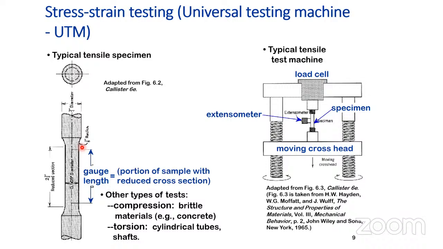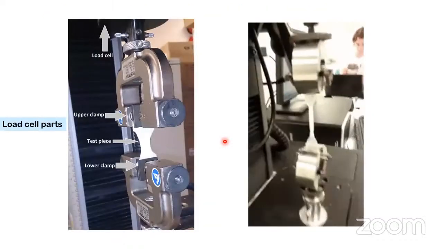This dumbbell shape specimen is generally tested over stationary and moving heads to analyze the tensile properties. How we can analyze the tensile properties using this kind of specimen, we will see in our next slide.